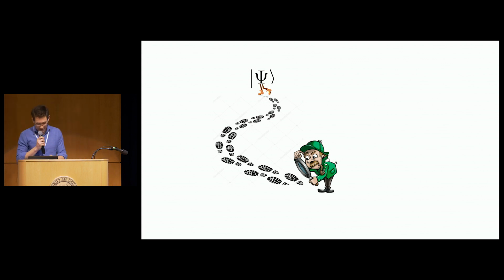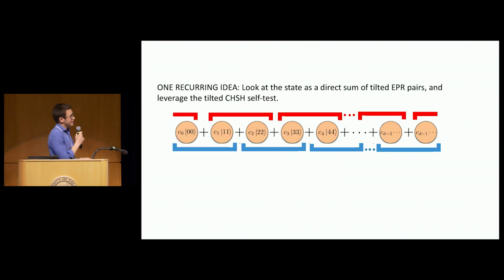So here they are. The main recurring idea in proving this self-testing result is the following. One very fruitful point of view is looking at this generic state with Schmidt coefficients Ci as a direct sum of tilted EPR pairs, and exploiting the tilted CHSH self-test on each of the pairs.